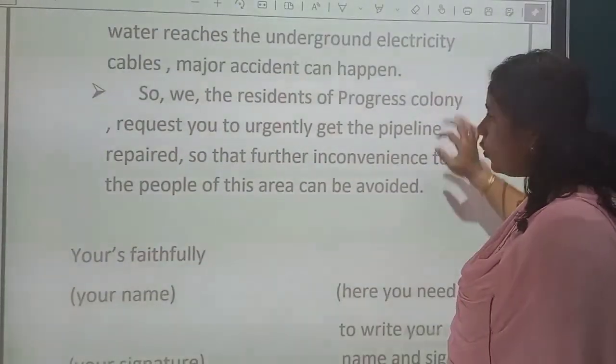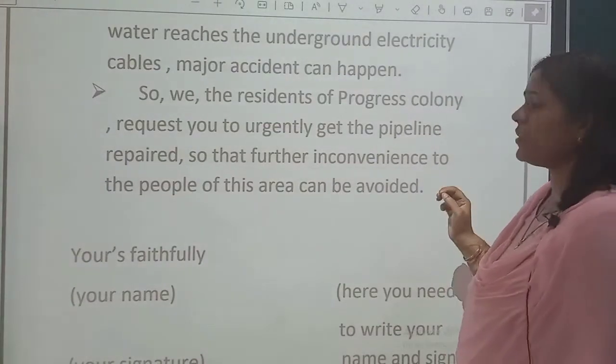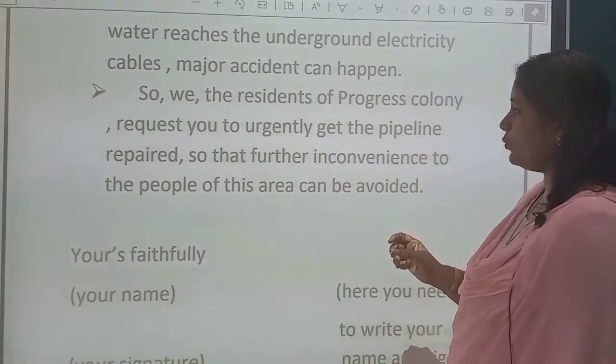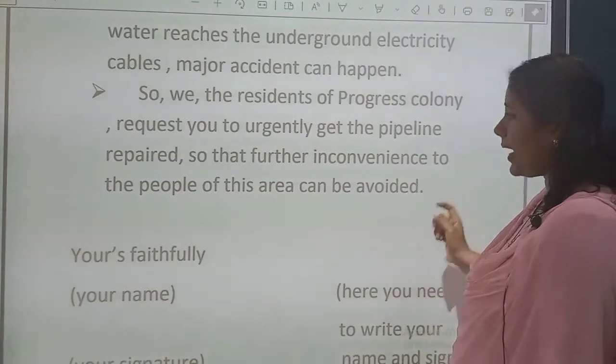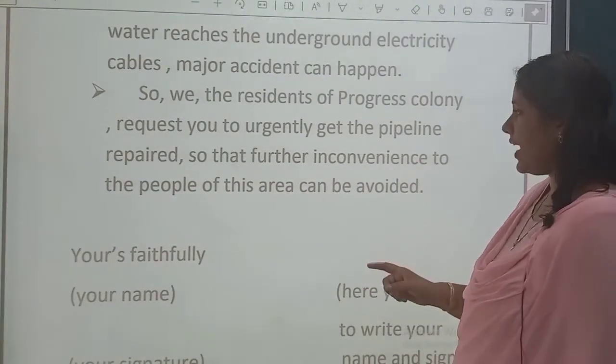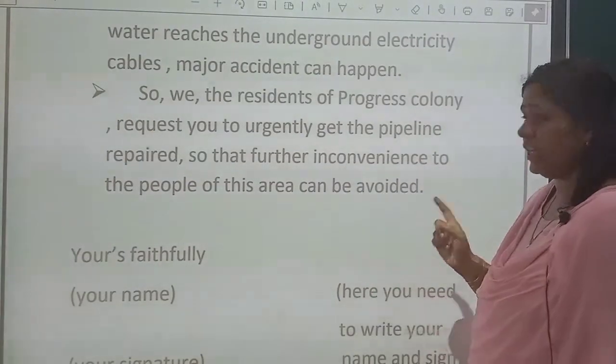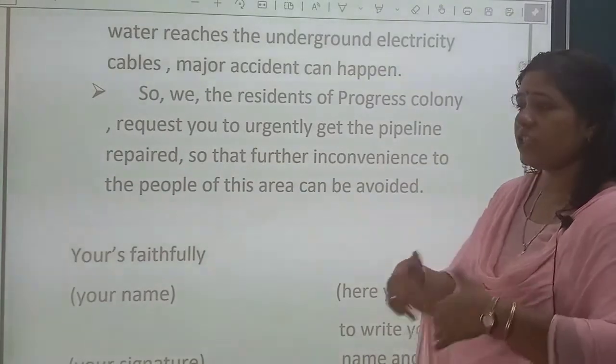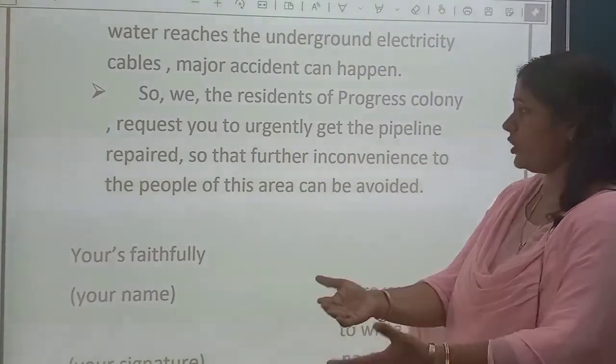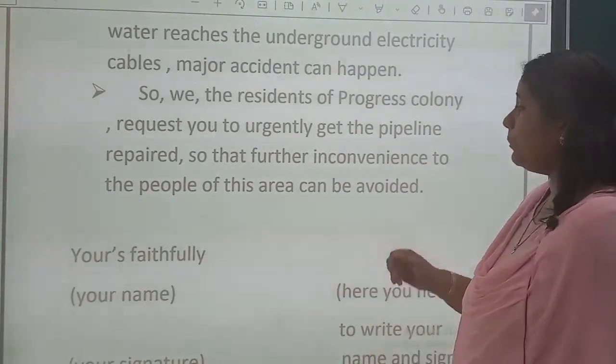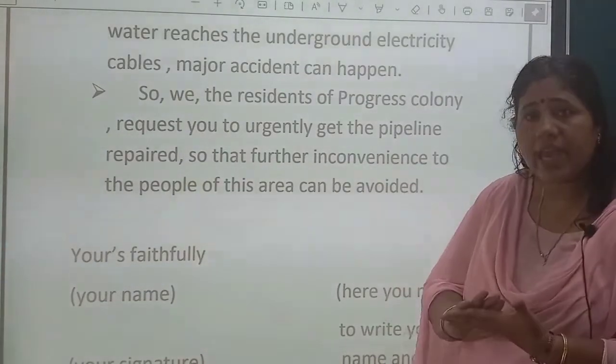Last one. We, the residents of Progress Colony, request you to urgently get the pipeline repaired so that further inconvenience and whatever dangers the people of this area are going to face in future can be avoided.